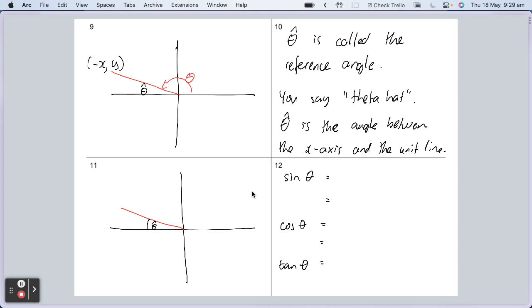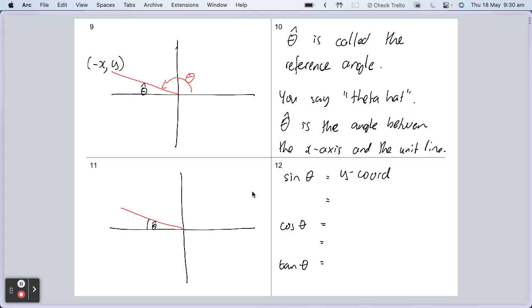Okay, so what does this mean then? It means that sine theta is effectively the y coordinate. I'm going to write y coordinate instead of y, so I'm not confusing it with the negative x comma y that I've got there.